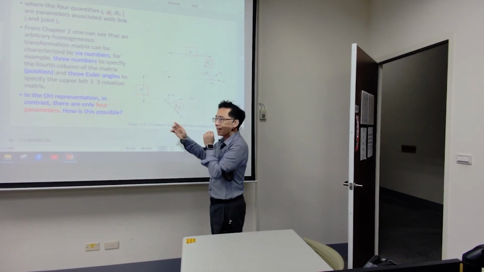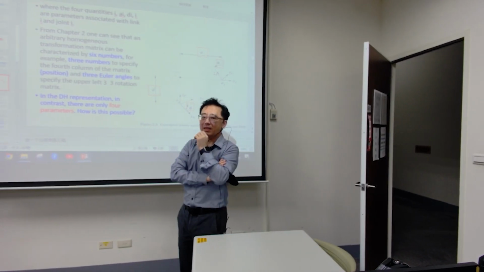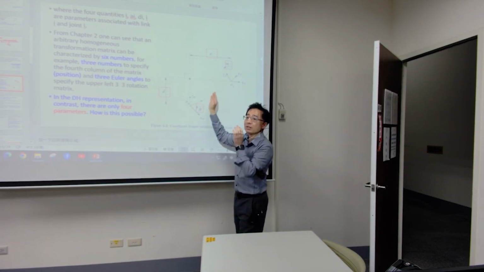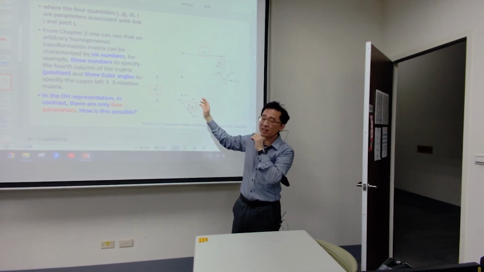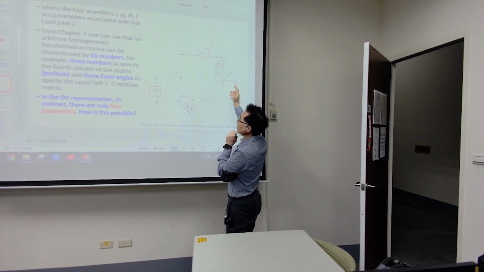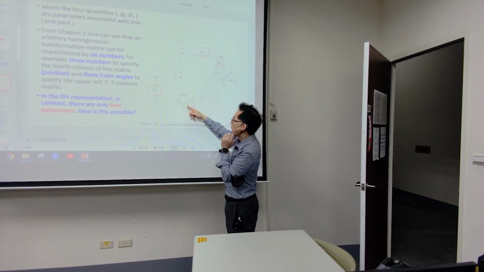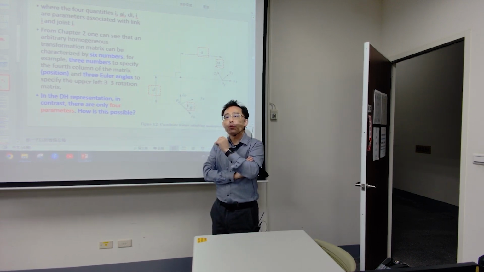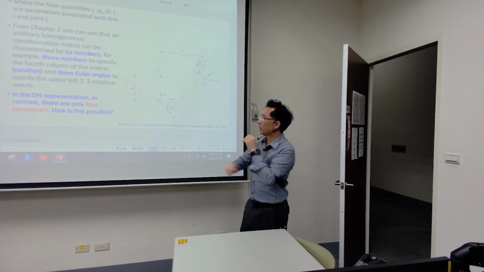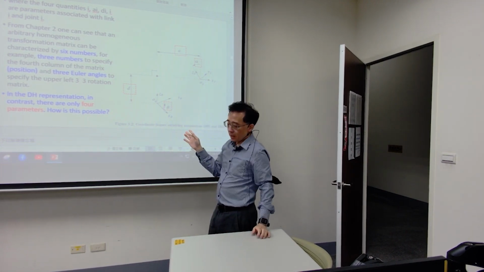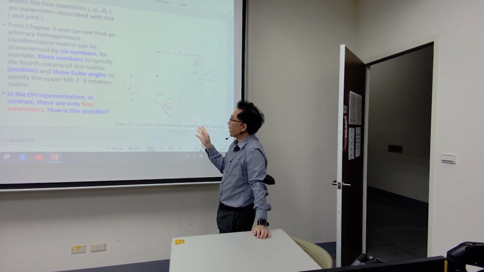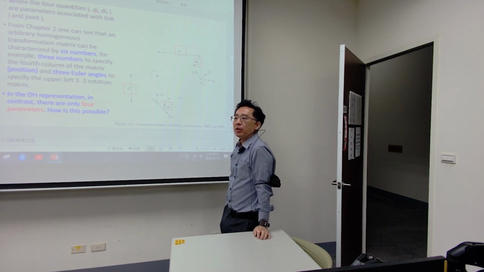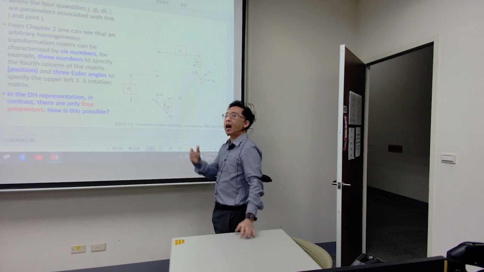The first one is easy to understand. This is the previous, and this is the later one, so it is not necessarily 0 and 1. It should become i and i plus 1. For the previous coordinate, theta is the coordinate rotating along the z-axis, precisely z_i or z0.